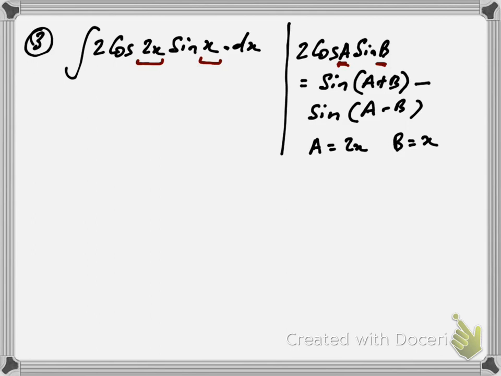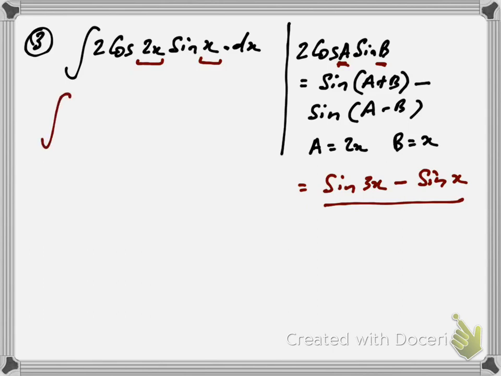So if we use the rule and simplify, we end up with sine of a plus b would be 2x plus x, which is 3x, minus sine of 2x minus x, which is x. Therefore, you can clearly see 2 cos a sine b. So we can just directly substitute this into our integral sign and see if we can integrate.